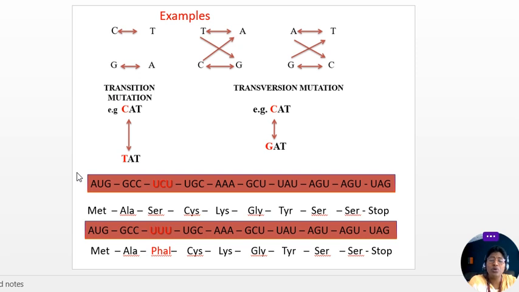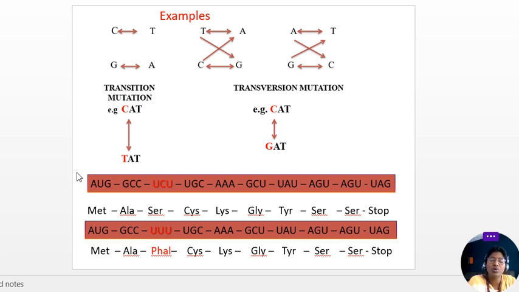If you want to explain it in terms of messenger RNA, or frame-wise, see, this is a sequence. AUG is one codon, the second codon is GCC, UCA is the third codon, and the fourth is UGC. Like that, the codon sequence is there, and each codon is responsible for a particular amino acid.